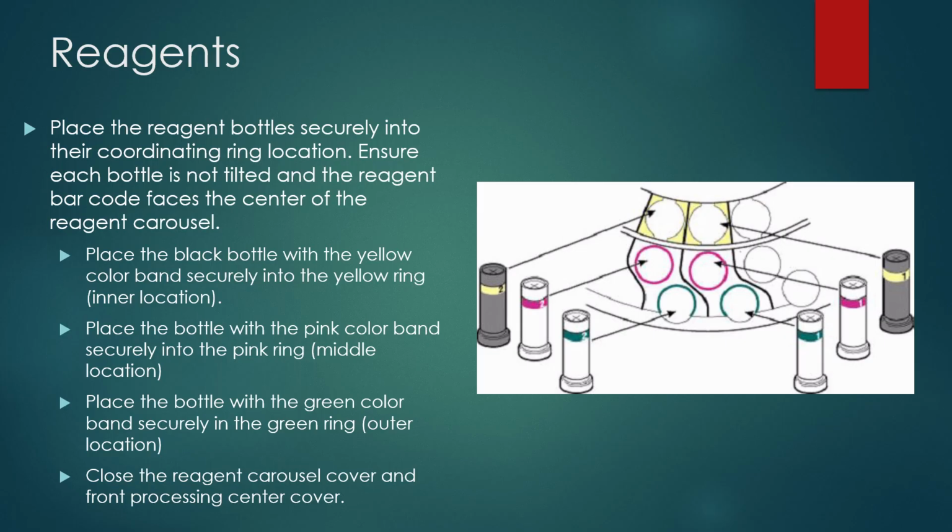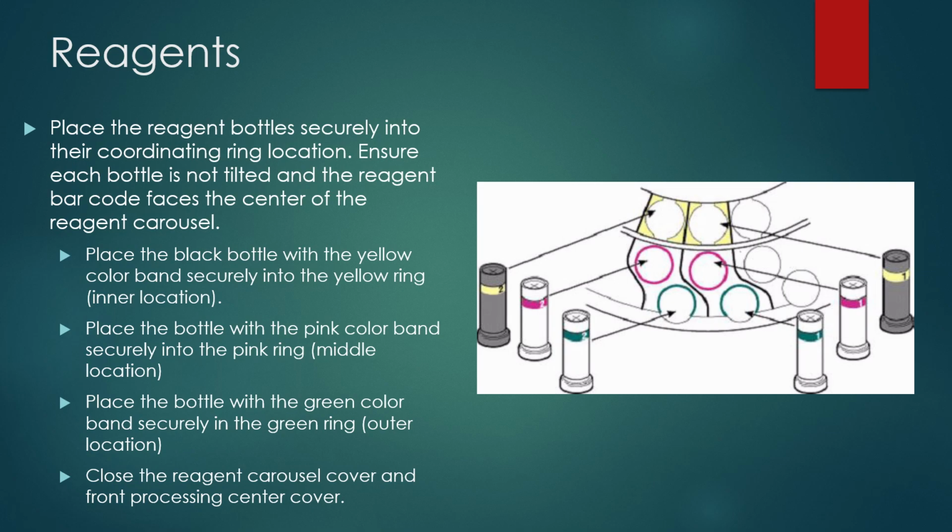So while loading reagent bottles, we must put them in their color coordinated ring locations. So we have a yellow color band, a pink color band, which is the microparticle bottle, and then we have one with a green color band.